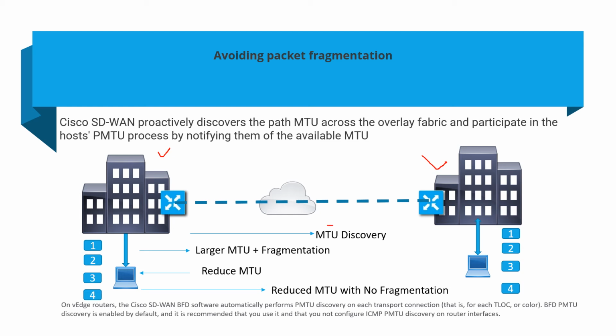So this is MTU discovery. If a larger MTU is received and you need fragmentation, it is going to notify you back to reduce the MTU value. And you're going to reduce until you achieve no fragmentation. That is the goal, the value that is going to be between these two.